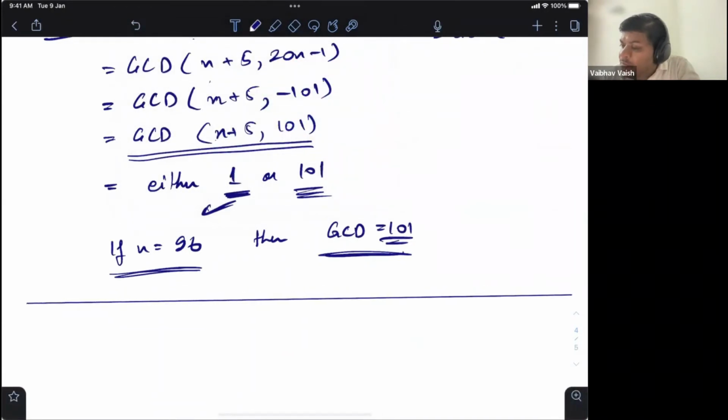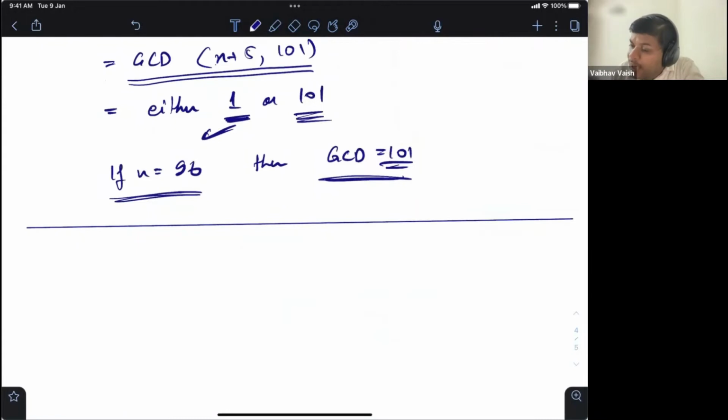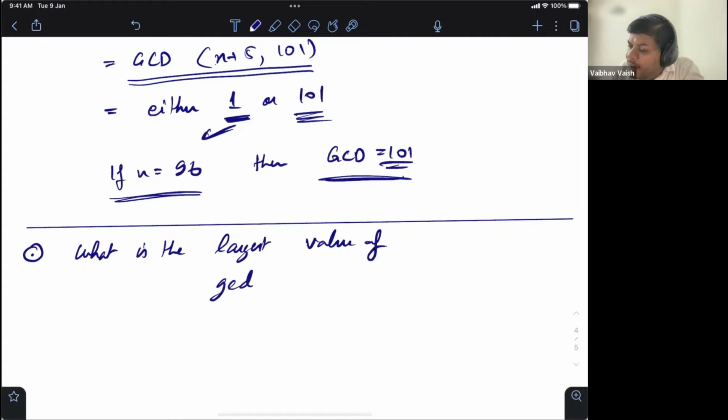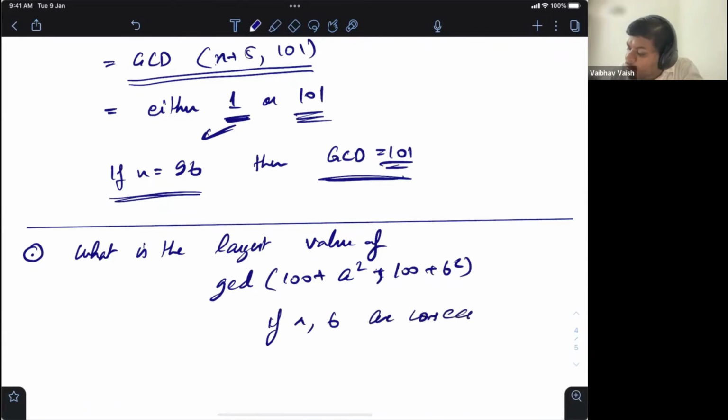Let's take 5 minutes to compute the following problem. What is the largest value of GCD of 100 plus A square, comma 100 plus B square, if A and B are consecutive integers? So there is a sequence.